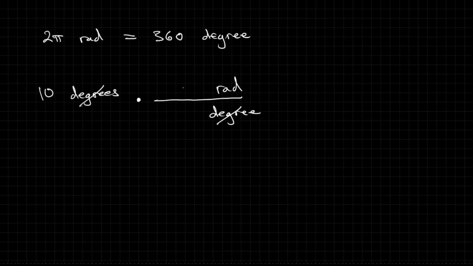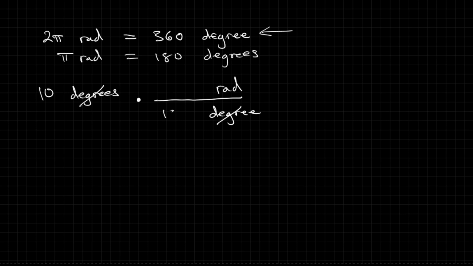So all we need to do is fill in how many radians are, or how many degrees are in a radian. And in order to do that, we'll look at this statement here that 2 pi radians is 360 degrees, or in other words, you can divide both sides by 2 and you get that pi radians is equal to 180 degrees.